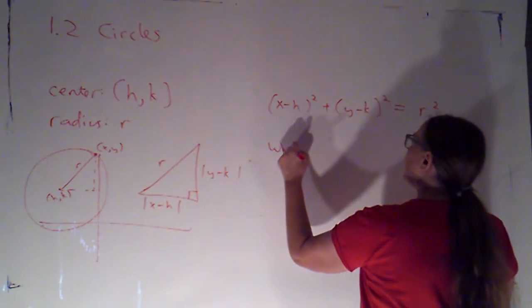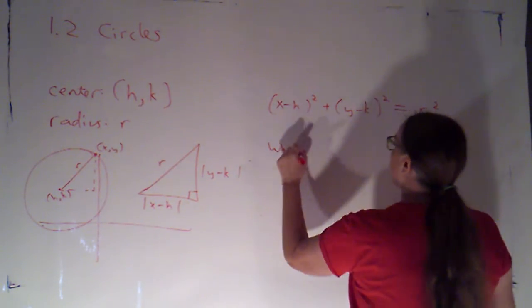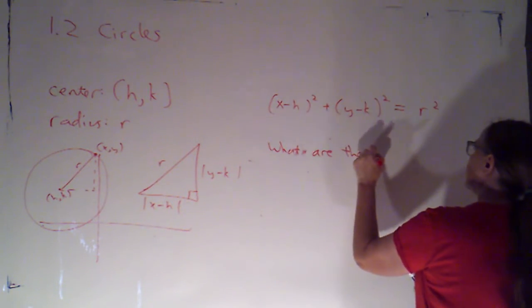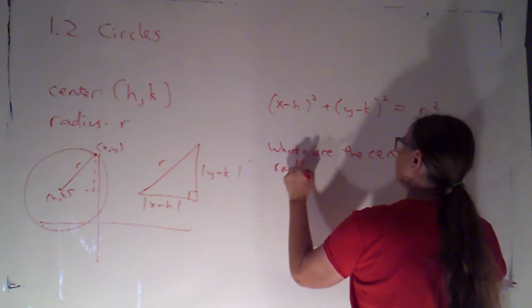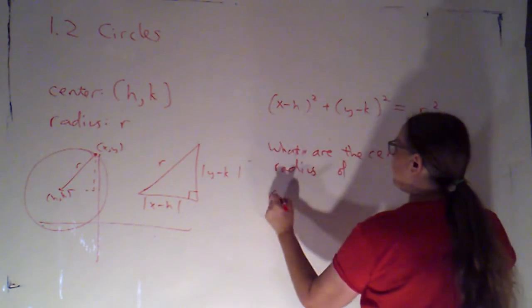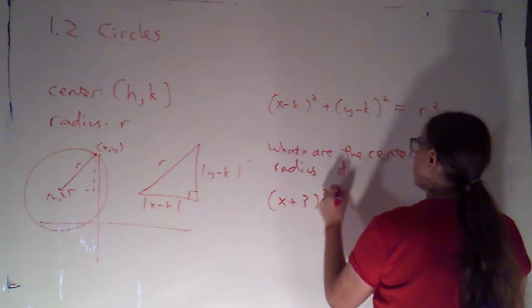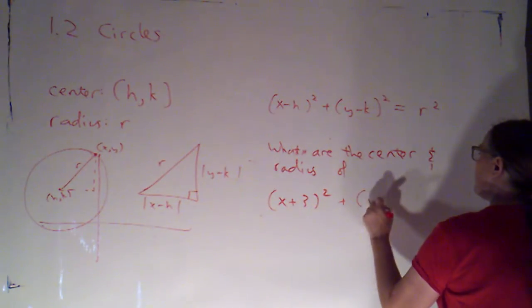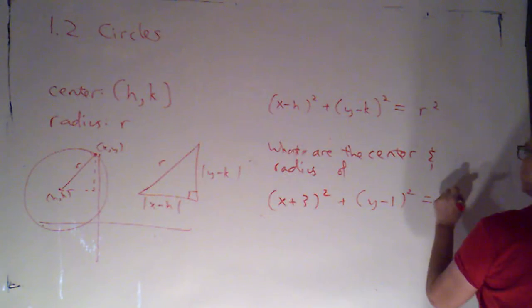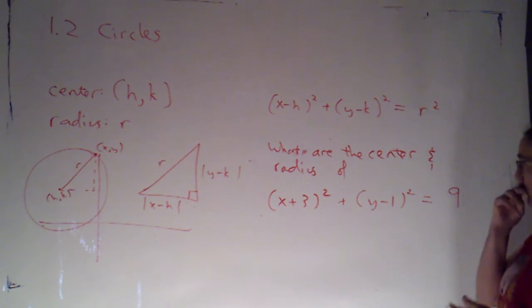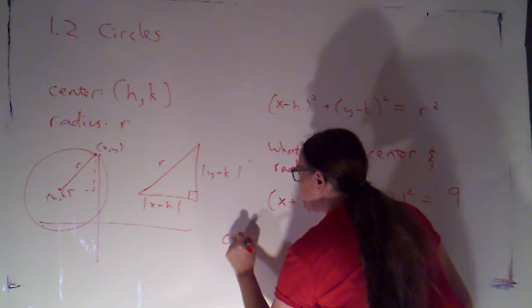What are the center and radius of x plus 3 squared plus y minus 1 squared equals 9? So I can take a look at the center.